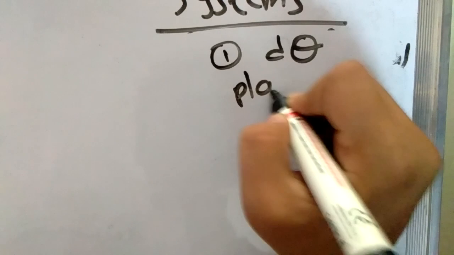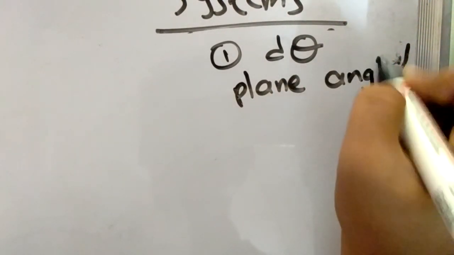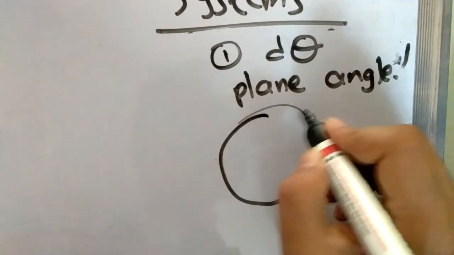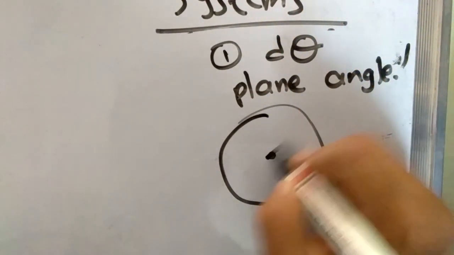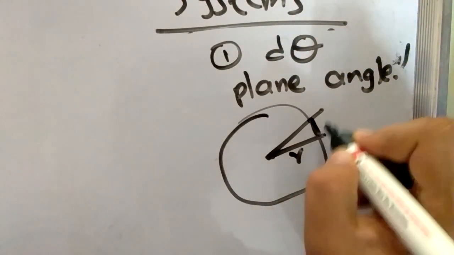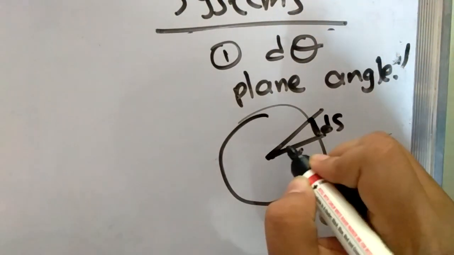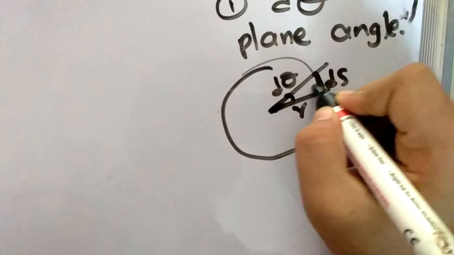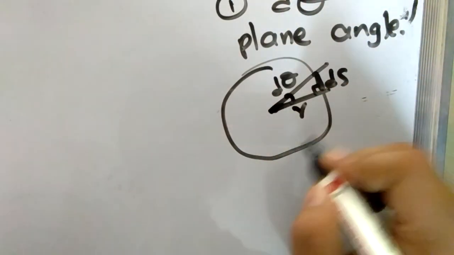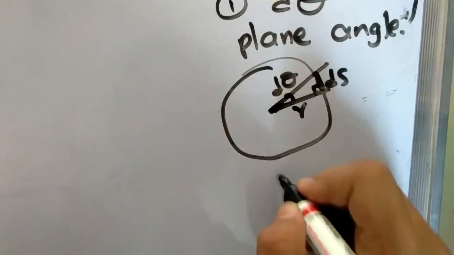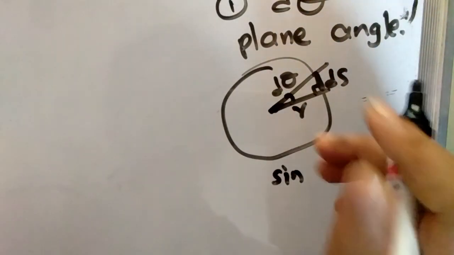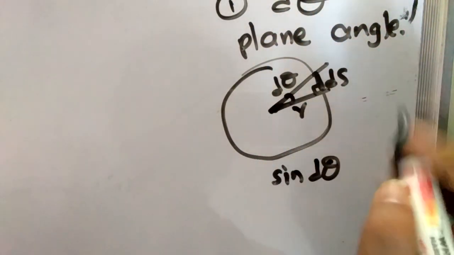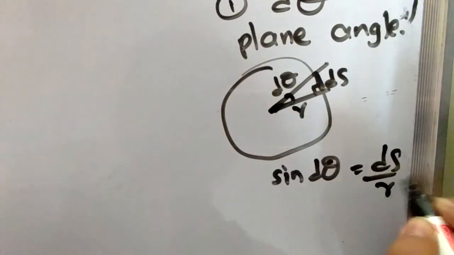This is plane angle. Okay, so what is plane angle? If you draw circle, and this is center and this is radius, and this is ds, which is the length of arc, and this is d theta. So from figure, this is right angle because the angle is very small. So from figure you can see that sine of d theta, means this is the d theta angle, is opposite, means ds upon hypotenuse is r.